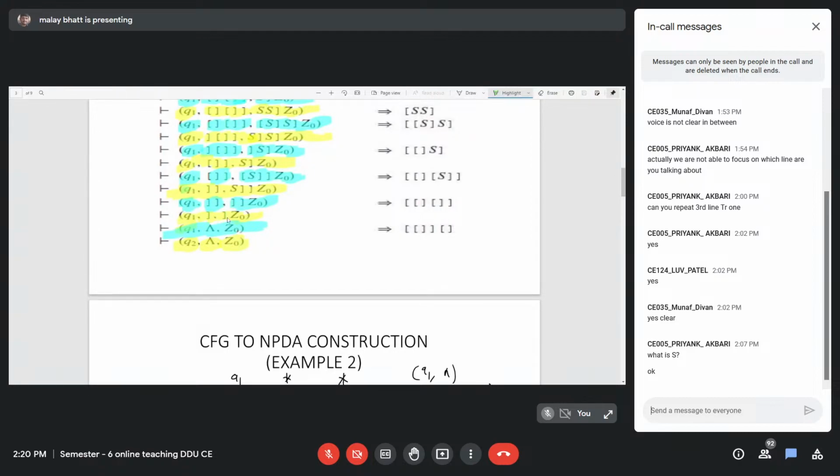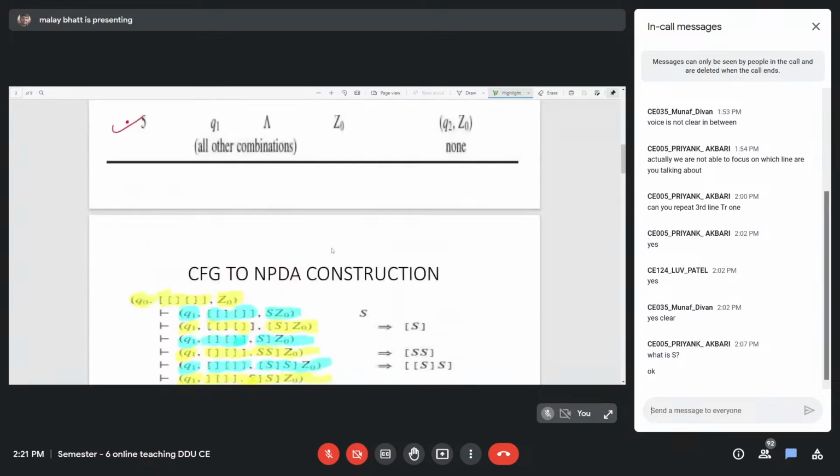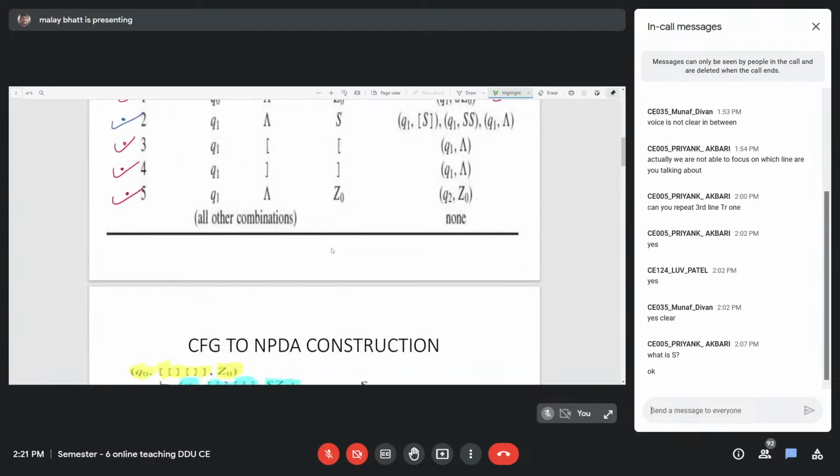So we are getting step number 12, Q1, closing bracket in the input, closing bracket on the stack, and Z0. Again, we'll apply the pop rule. We'll get Q1 null Z0. And this will give us Q2 Z0, the acceptance step.